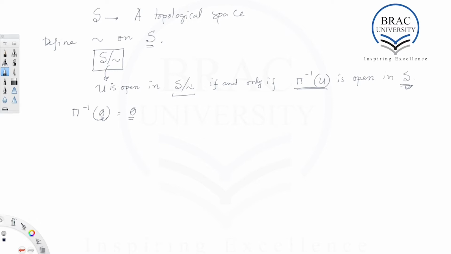Also, we see that the total space S quotiented out by twiddle is open, because by the surjectivity of the projection map, the inverse image of S quotiented out by twiddle is the whole topological space S, and since S is open in S, S quotiented out by twiddle is open in the topology that we are discussing. So we have verified these two extremes in the definition of topology.